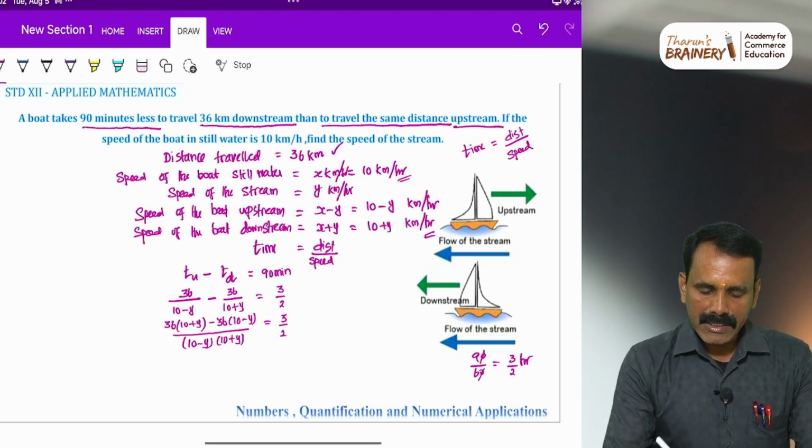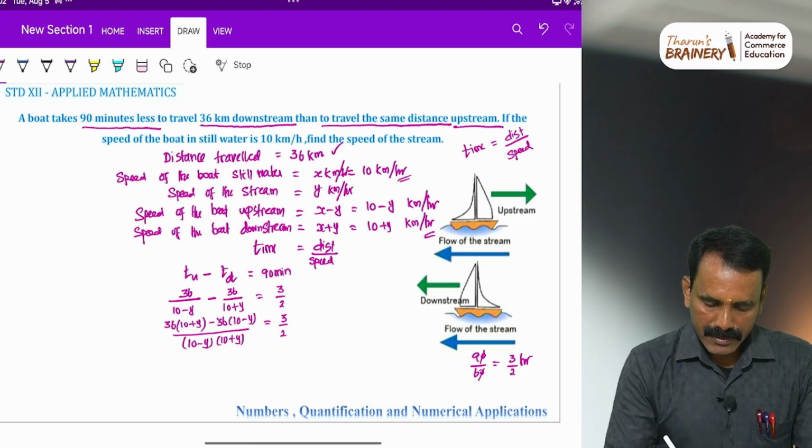So we simplify this expression. 360 plus 36y minus 360 plus 36y divided by 10 square minus y square is equal to 3 by 2.